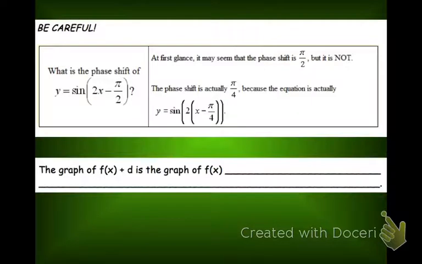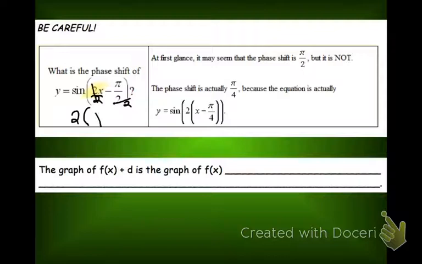The other thing you need to watch out for is problems like this one, y equals sine parentheses 2x minus pi over 2. You'll notice that there is a 2 in the front here. You need to be careful with this because you actually need to factor that out. So if you were factoring a 2 out, you would pull the 2 out, so you'd have 2 parentheses. Well, I'm dividing this by 2, and I'm dividing this by 2.